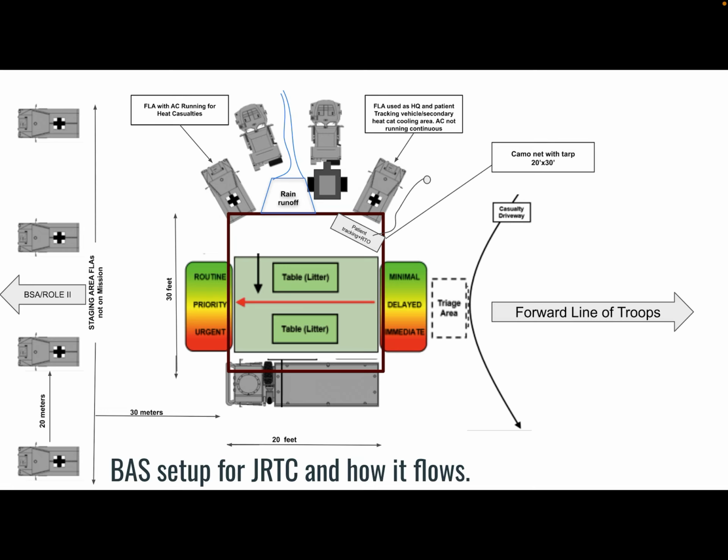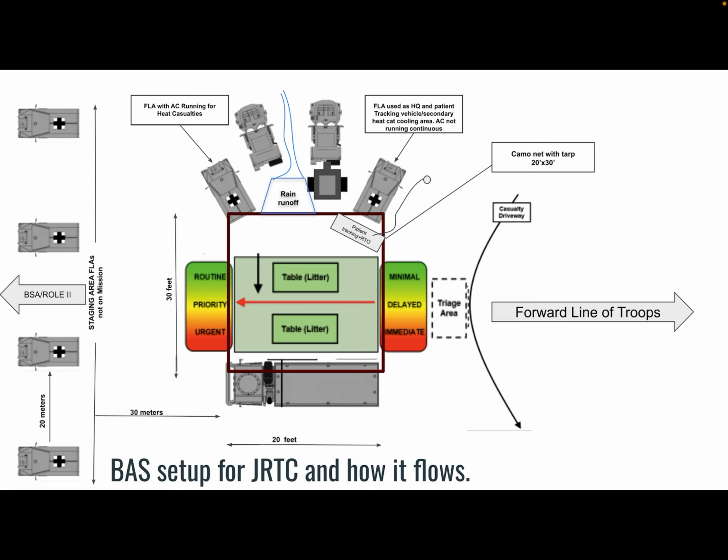So we have a 2-litter setup. We have a tarp spanning between an LMTV and 2 FLAs, where one of them will be running for heat casualties, and the alternate, on the right side, will be able to be started and hold more heat casualties. A FLA can hold 4 litter-bound patients, or up to 6.